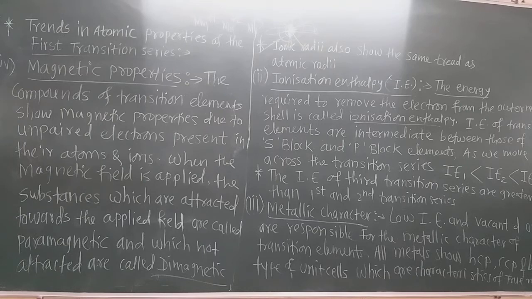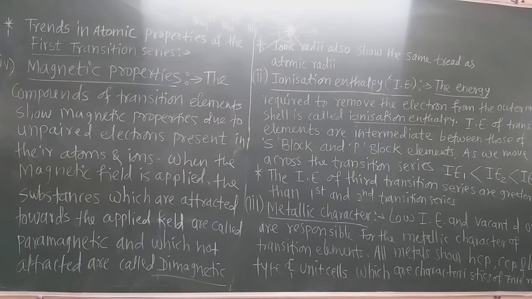We know that if the compounds of the transition elements have atoms or ions in which there are unpaired electrons, and if we apply a magnetic field and those compounds are attracted towards the magnetic field, then those compounds are called paramagnetic.